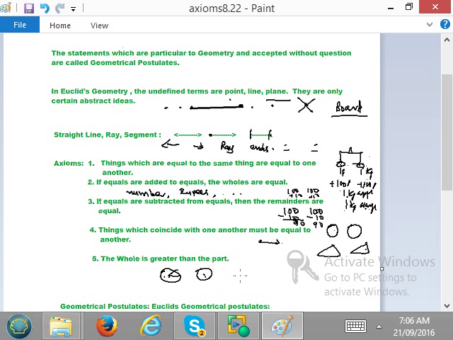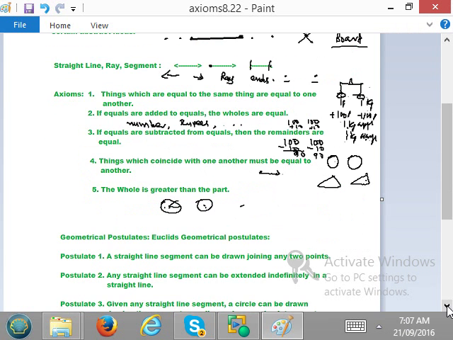This is very easy to understand. So these axioms we have to read again and again. This particular axiom we will be using in the problems to solve them. So we have to repeat it again and again and remember thoroughly, axiom number 1, 2, like that.